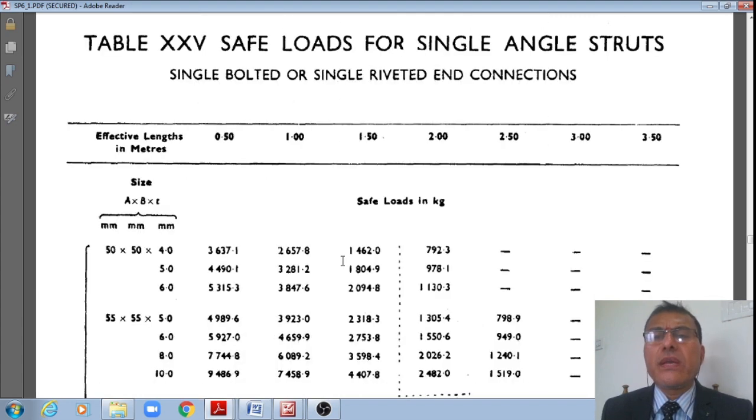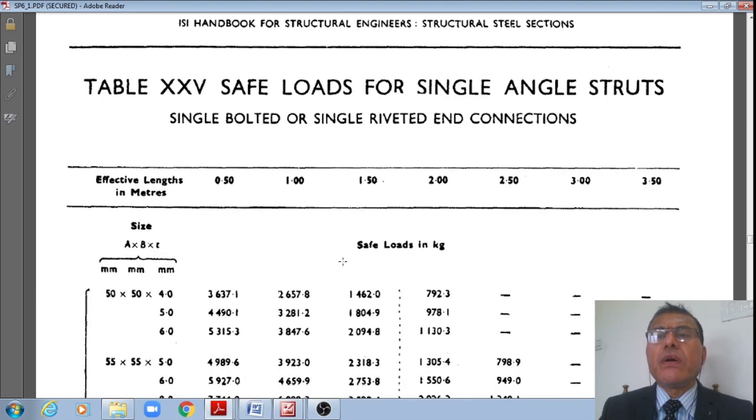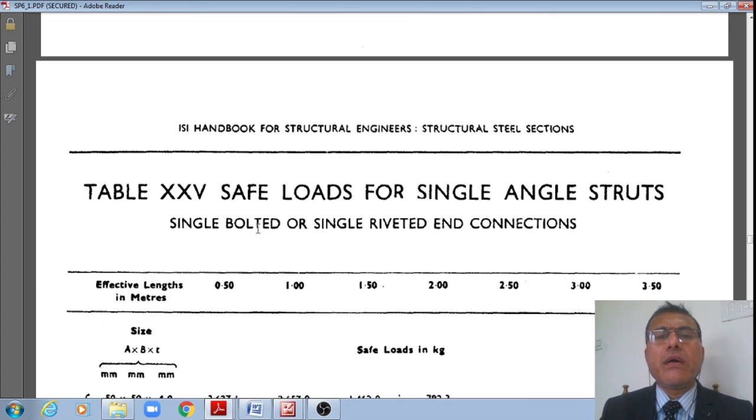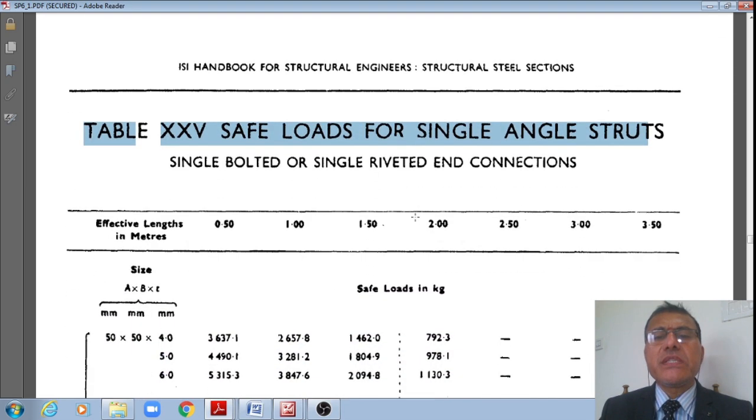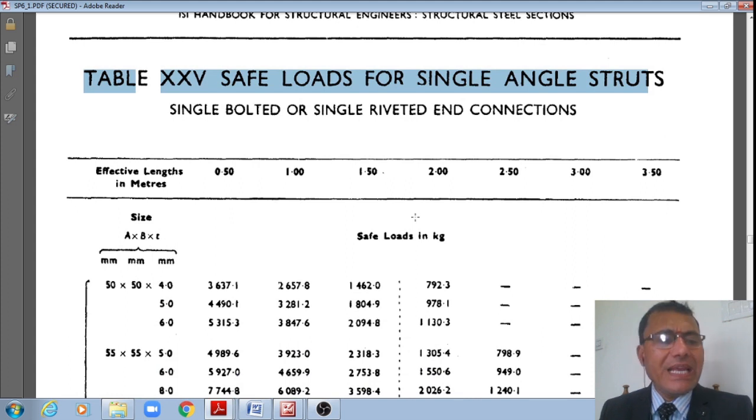Even now you can see, if I go to table 25, safe loads for single angle struts.